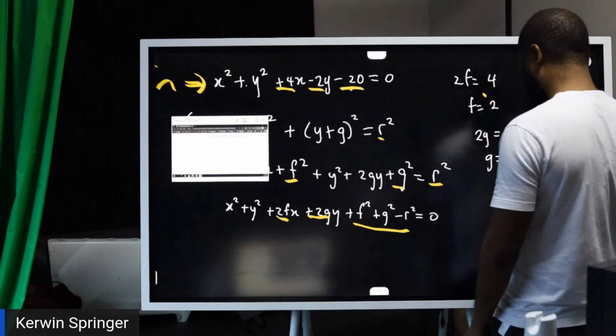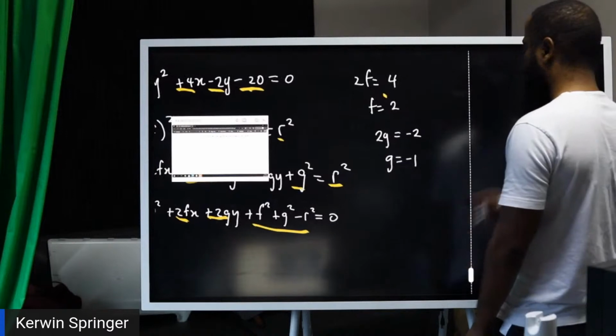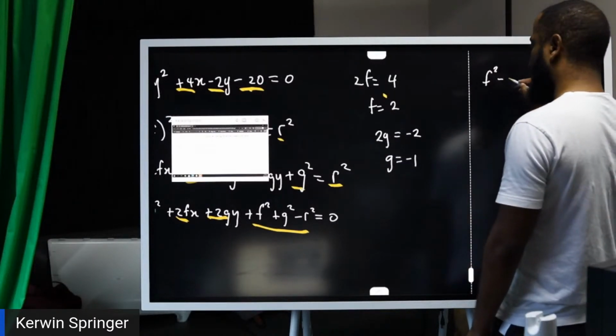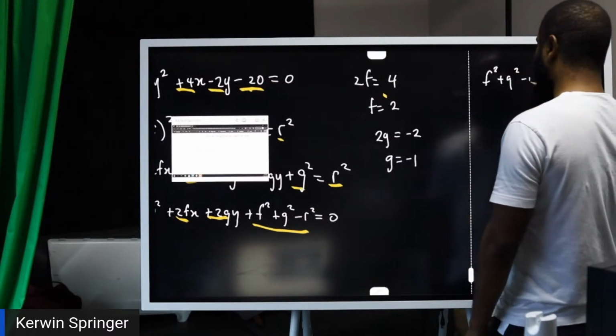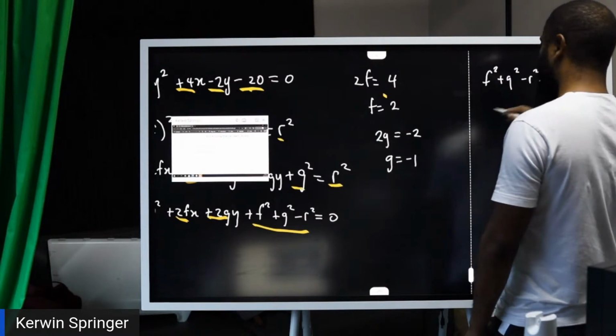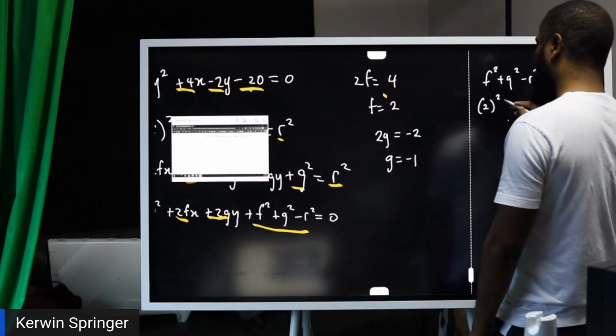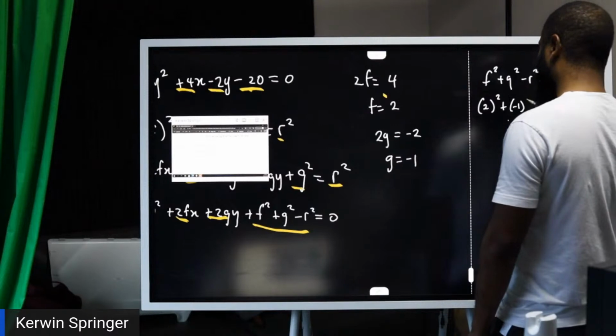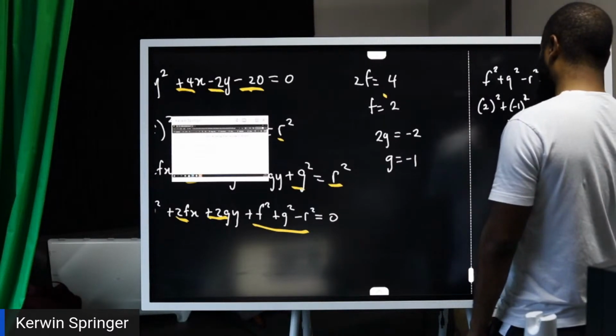Finally, f squared plus g squared minus r squared must be equal to 20. Since f is 2 and g is negative 1, I can find what r is.